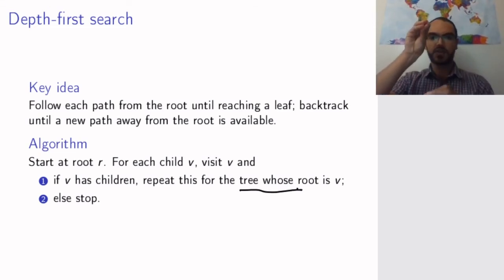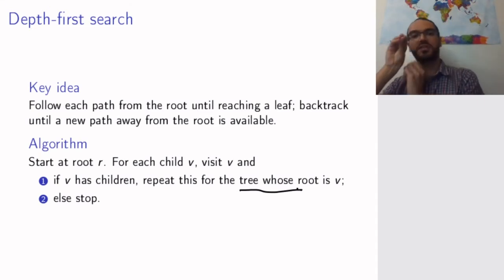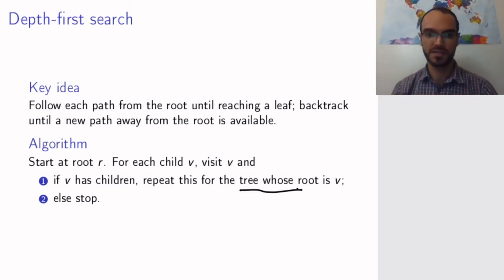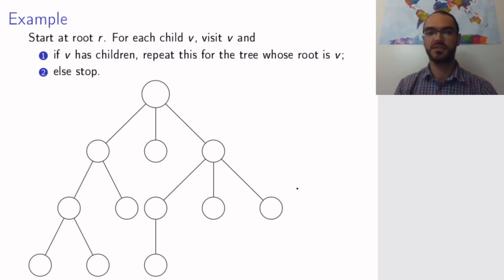And once you've finished, you stop, and first at that point you move on to the next neighboring vertex. So let's see how this works for the same tree we had previously. So again, you start here at this root 1. Now for each child, so let's choose a child to start with, maybe this one. We visit it.